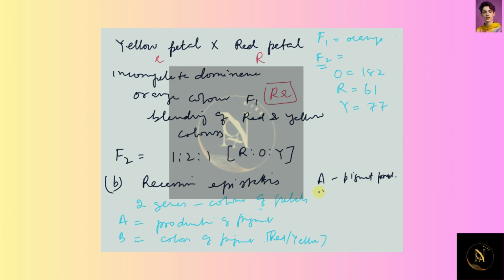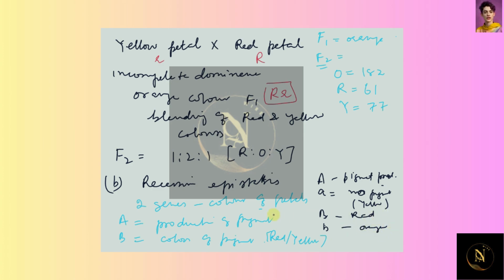So in this case, the dominant allele A would be necessary for pigment production, while the recessive allele a would result in no pigment, giving rise to yellow color, while the dominant allele B would result in red pigment, while the recessive allele b would result in orange pigment.